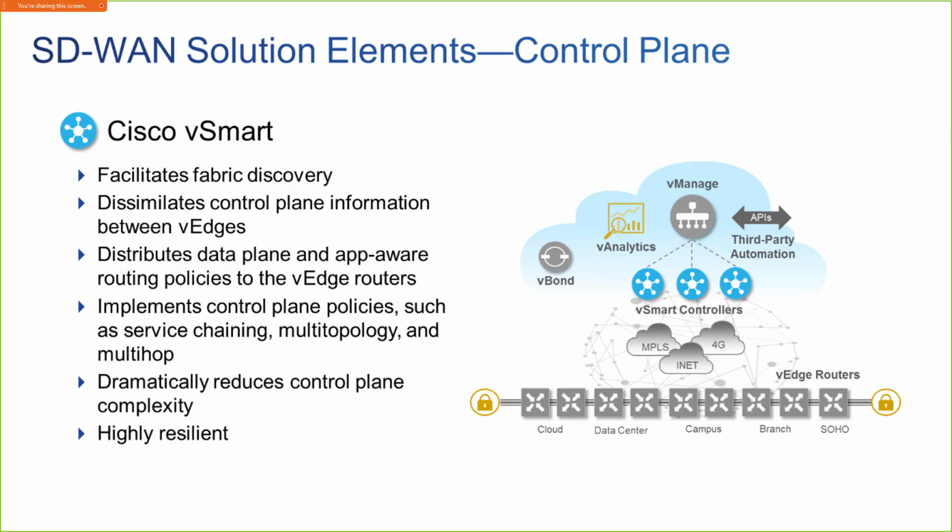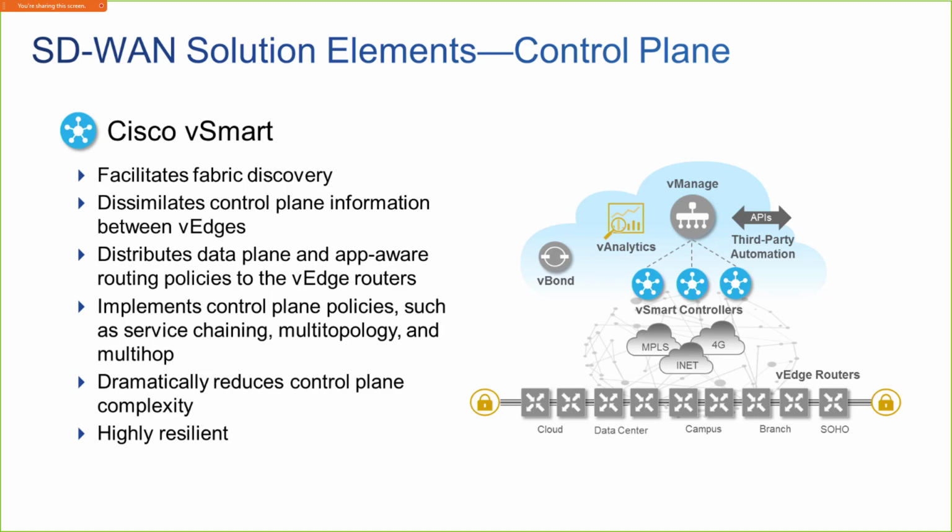They advertise data plane policies, security policies, and so on. They're typically going to be positioned as a hub device in the control plane topology. And then all of the vEdges are going to be peering with vSmart, or with a vSmart element, right?